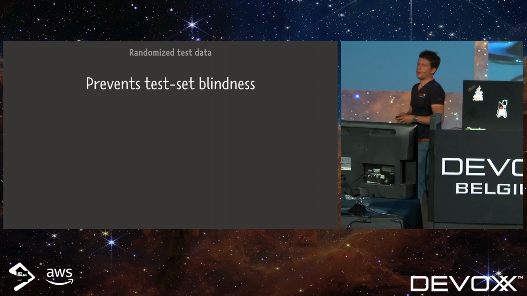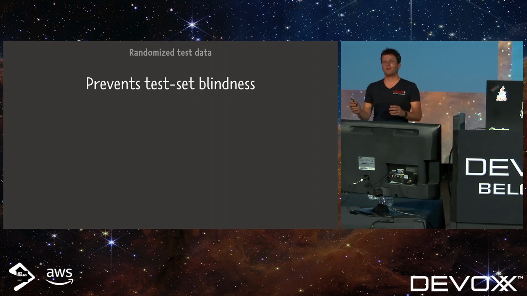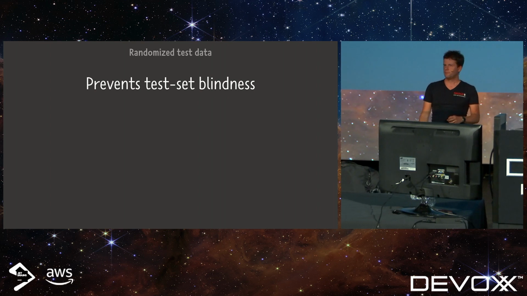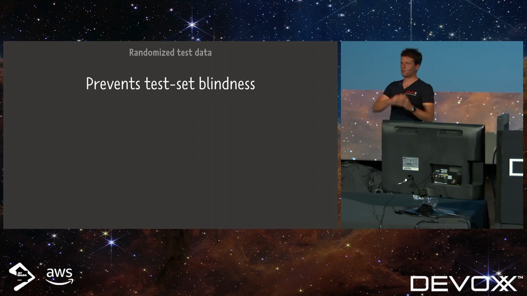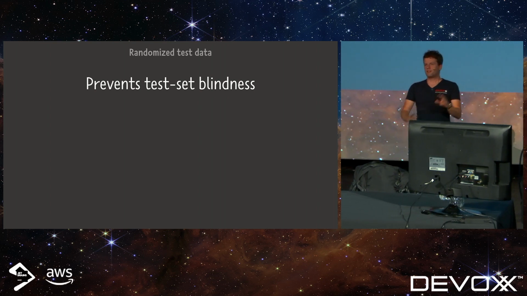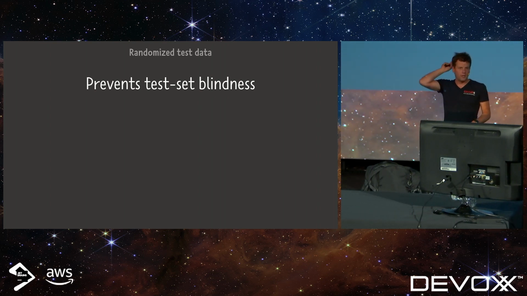The main benefit of having randomized test data is that it prevents you from test set blindness. Imagine again the class we had in the beginning with all the constants, probably copied over and over again from one class to another across the project. That's the default test set that will be here in the back of your mind.